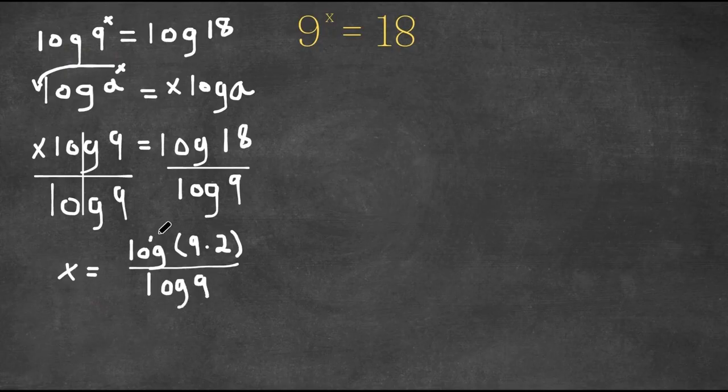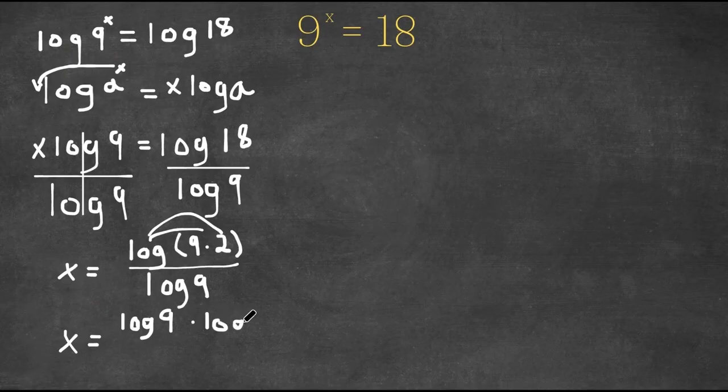And now if I distribute the log to both of these terms in the parentheses, we get x is equal to log 9 plus log 2, and we are still dividing this by log 9. Sorry, this is actually a plus.